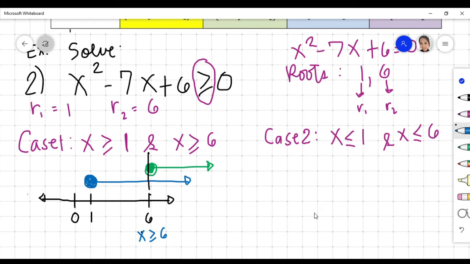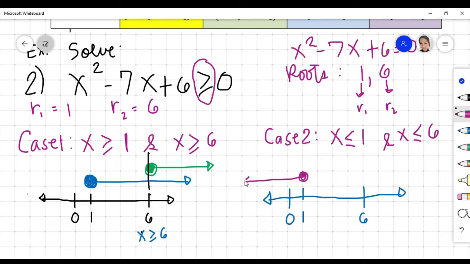And on this side, let's graph case 2. So let's say this is our 0, then this is our 6, and this is 1. Now x less than or equal to 1. So above 1, there's a shaded circle and it moves to the left.